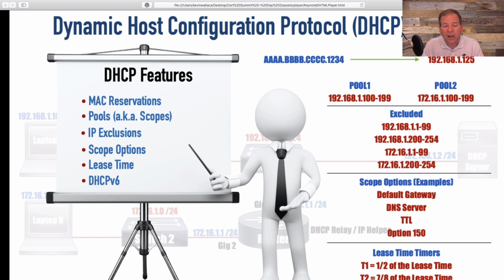And finally, notice I put on screen that we've got something called DHCP version 6. You can have DHCP version 6 servers for IP version 6 networks, but they can be used in a couple of different ways. Let's think about how an IP version 4 client gets its IP address information.